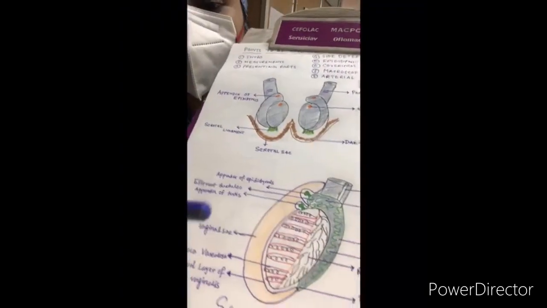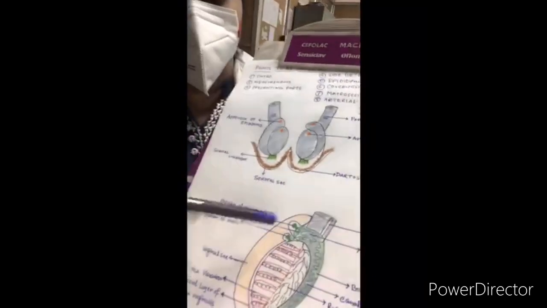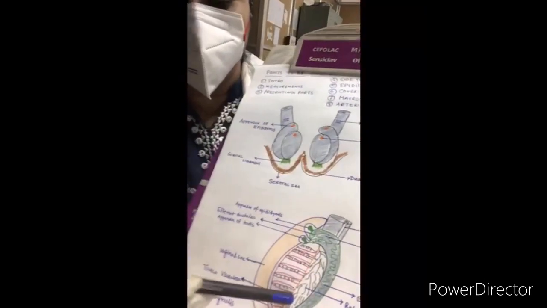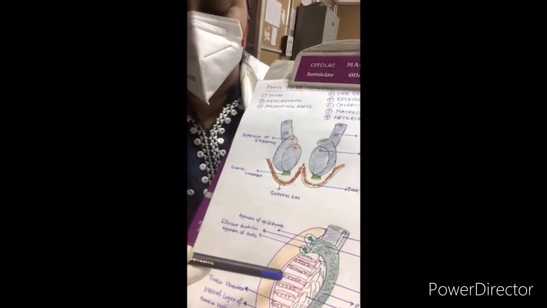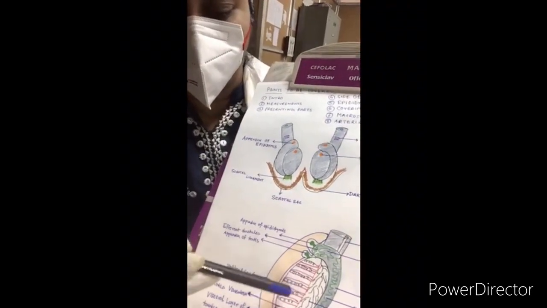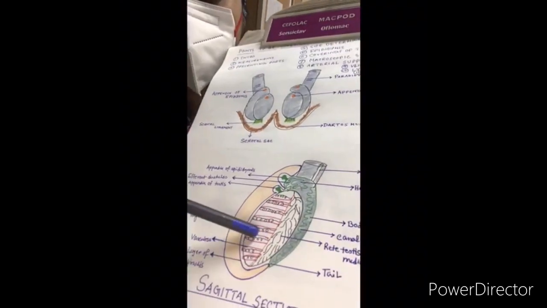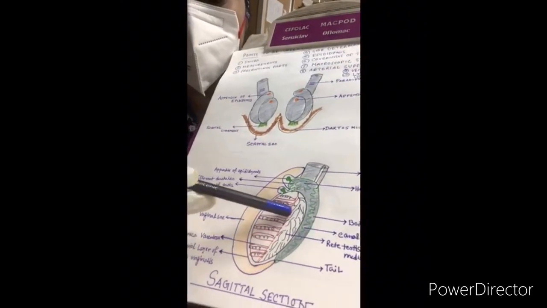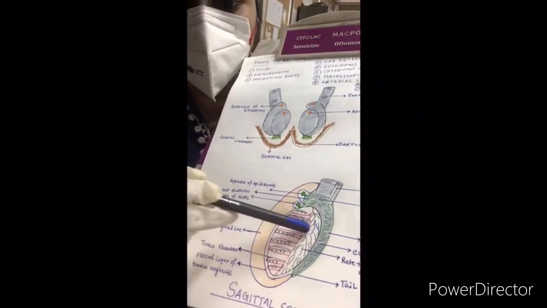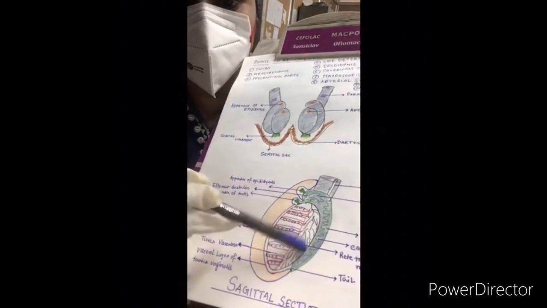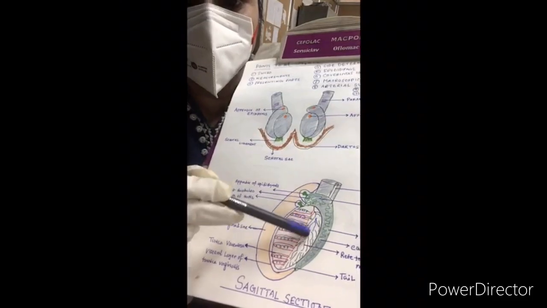We can see this is the anterior part and this is the posterior part. The seminiferous tubule has a convoluted, or coiled, part in front and a straight part behind. These are the straight parts of the seminiferous tubule. This part is the mediastinum testis, formed by the inward projection of the tunica albuginea.